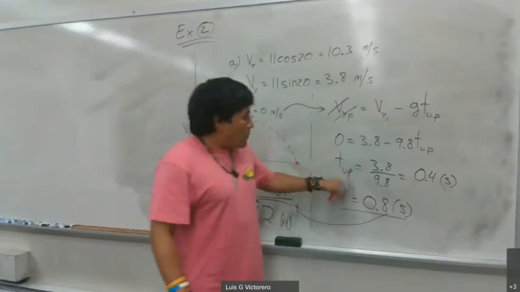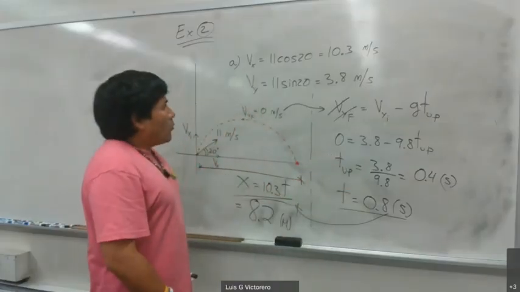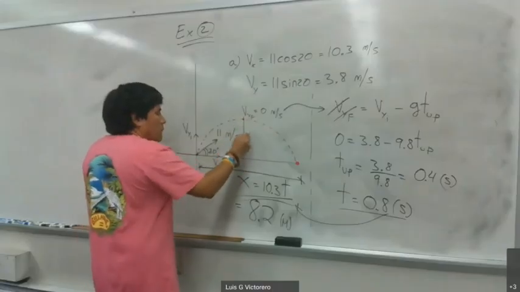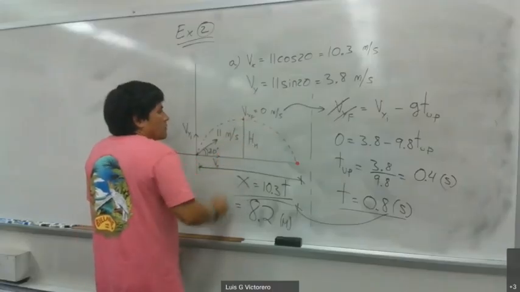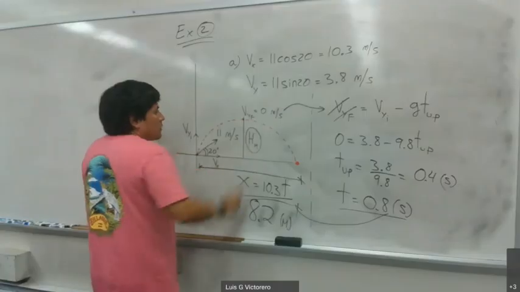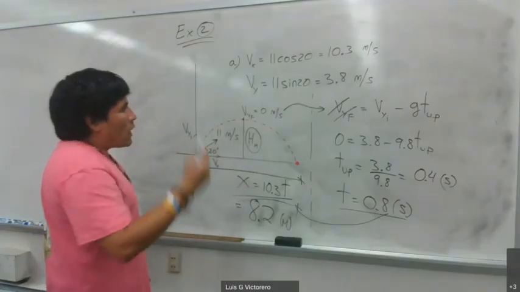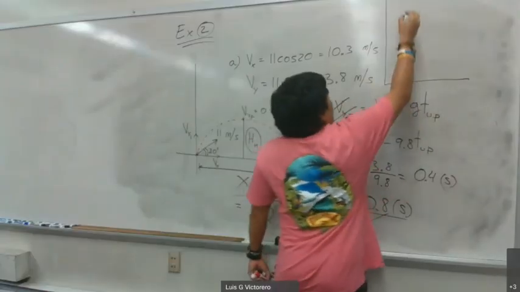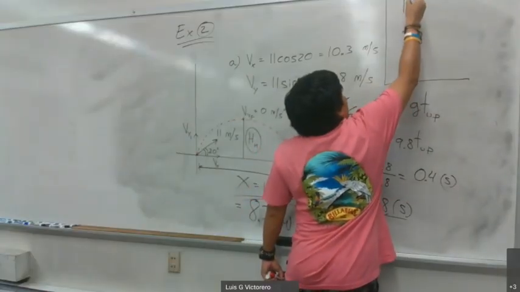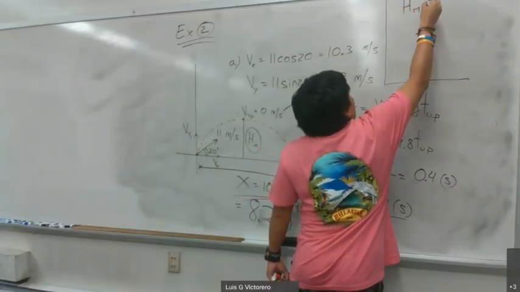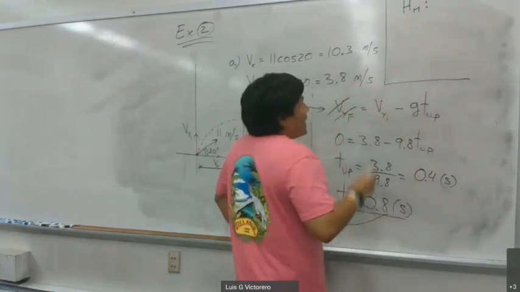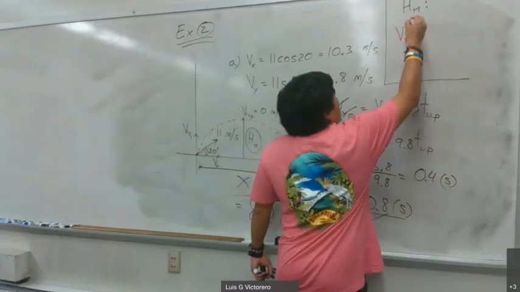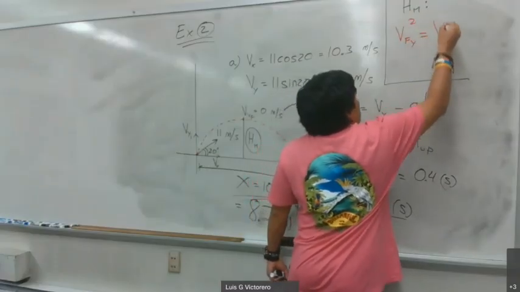That's how you find the time to go up, you find the total time, and we can also find, I believe in part C, they ask you to find the maximum height. We can use the time to go up, or here, to find the maximum height, I like to use this equation a lot, because we don't have to deal with time here.